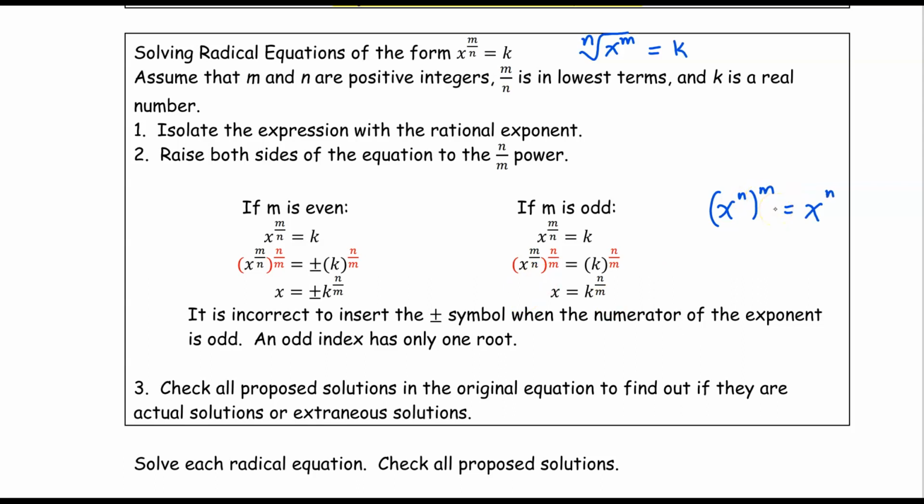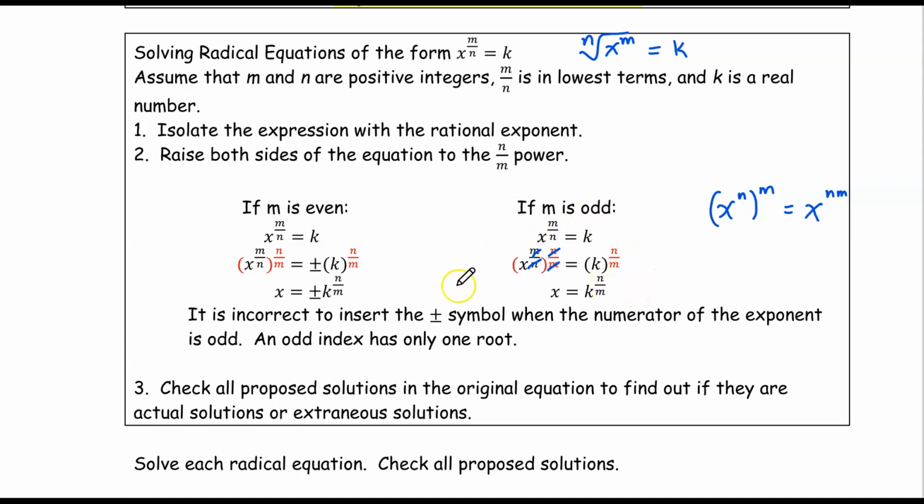So by multiplying m over n times n over m, this cancels and that cancels. So this gives you 1, which makes it just equal to x. So you have x equal to k to the n over m.